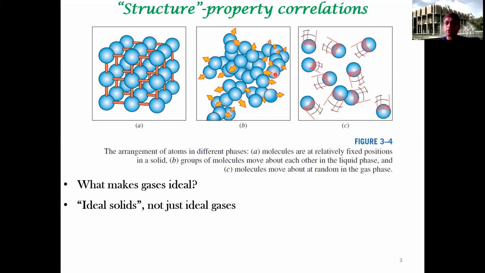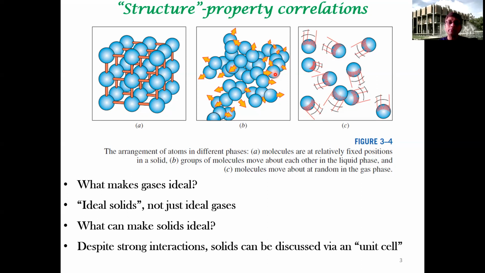In some ways, a solid can also be considered ideal. What makes solids ideal? There is a certain simplicity in the description of a solid that comes because of one particular fact. If you think about gas, there are no interactions. However, the other extreme is the solid. There are lots of interactions between each atom of a solid and every other atom.